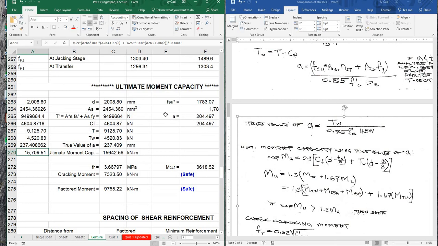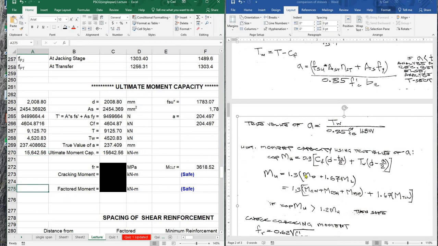Hindi ito, kundi itong 237. So, ayun, nakalink siya dito. So, dapat nakalink siya dito sa 237. Okay, let's check. 15,642. Ayan, parehas na po siya.